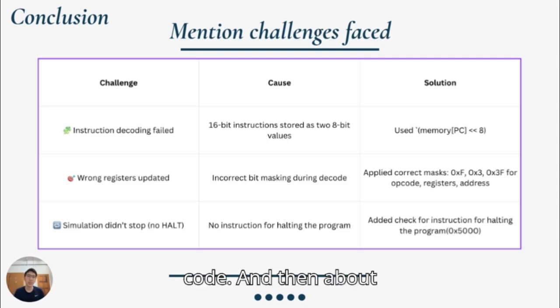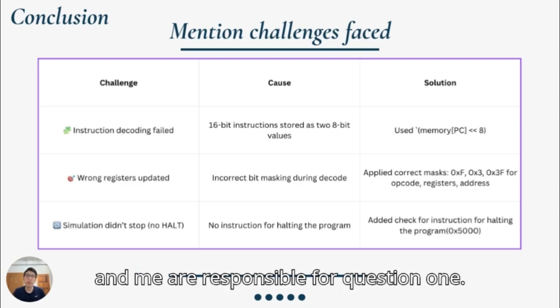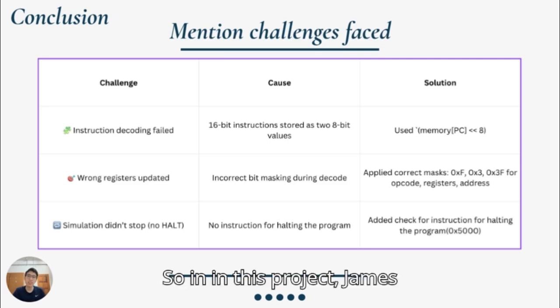And then about what our group members did. For question one, James, Eldrick, and I are responsible. In this project, James is in charge of designing the architecture of the CPU.